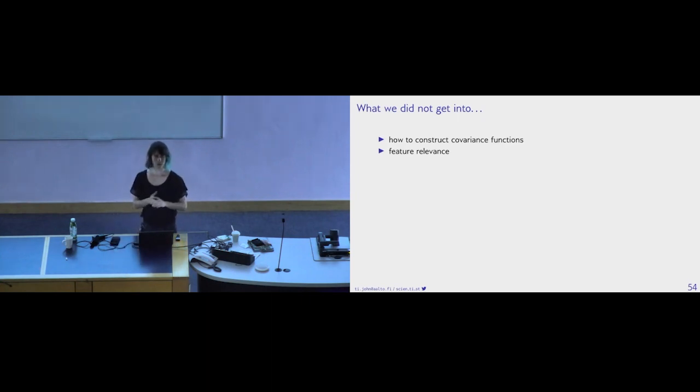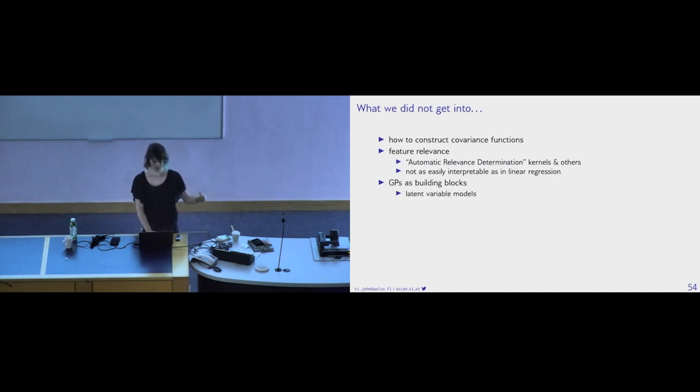With Gaussian processes, you can determine how relevant each input feature is to the predictions. There are things called ARD, automatic relevance determination kernels, and there are other approaches as well. I didn't manage to talk about how you use GPs as part of a more complex model, so I'm going to skip over that.